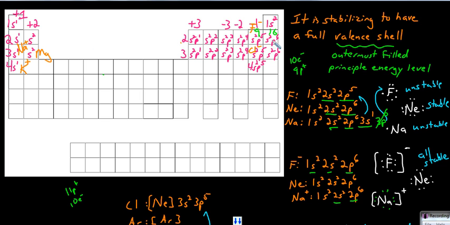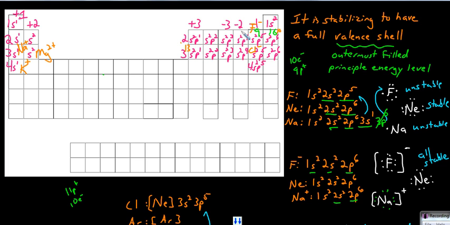It would therefore get a 2+ charge. Aluminum here would lose 3 electrons, 1, 2, 3, to be just like neon. It has 13 electrons, and to be just like neon, which has 10, it needs to lose 3 electrons, so it will get a +3 charge.